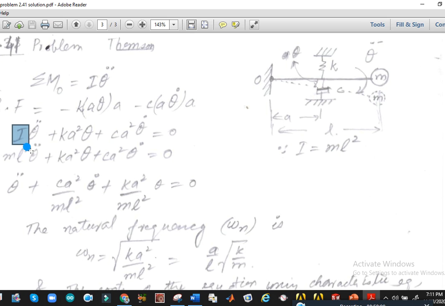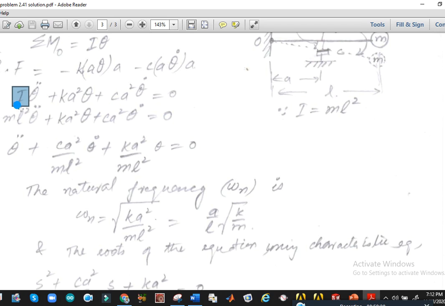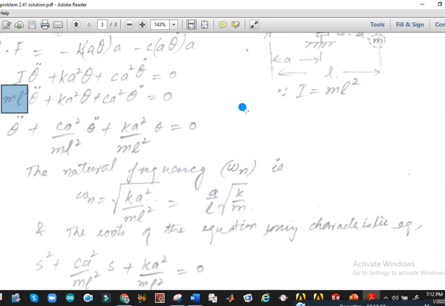Okay, so putting the value of I, that is m l square into theta double dot plus k a square into theta plus c a square into theta dot, that is equal to 0. Now dividing this expression throughout by m l square. Okay, this is the expression we were looking for.